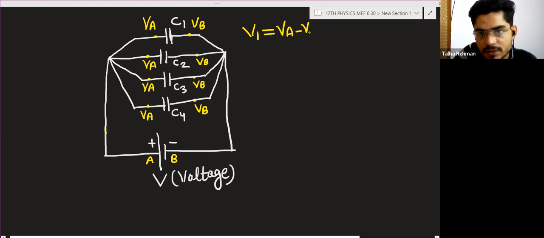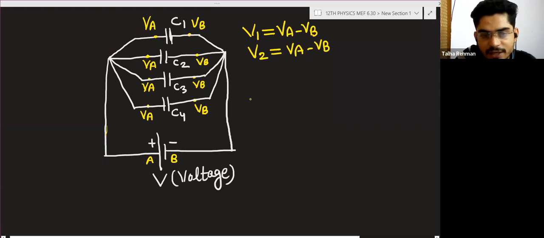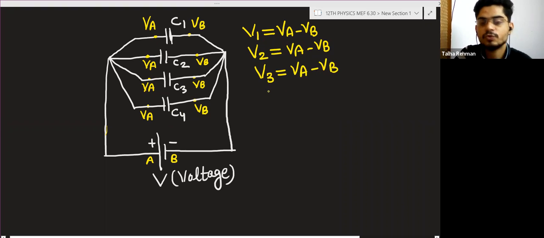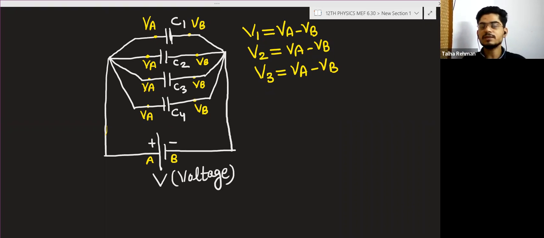For V2, voltage across C2, I can write VA minus VB, and you can write it for V3 also, VA minus VB. You can write it for V4 also. If you are connecting n number of capacitors, the potential difference will always remain the same.